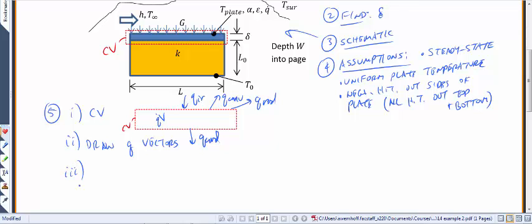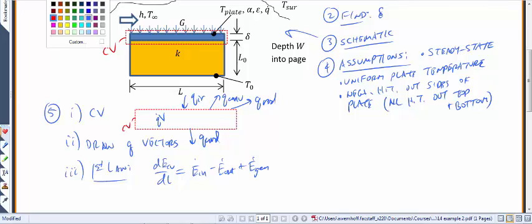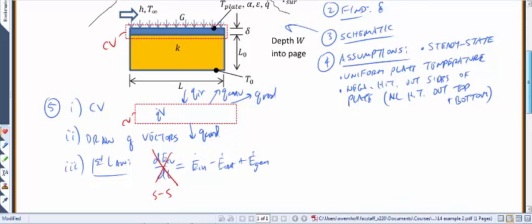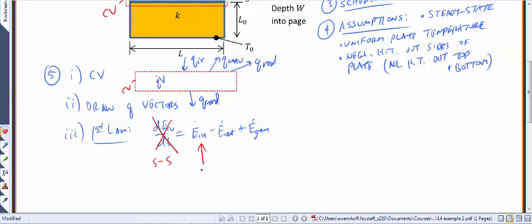Third, write out our first law, which is dE_CV/dt equals E dot in minus E dot out plus E dot gen. We know that it's steady state, so we can get rid of the dE_CV/dt term. According to our diagram, what's coming in is going to be the irradiation.